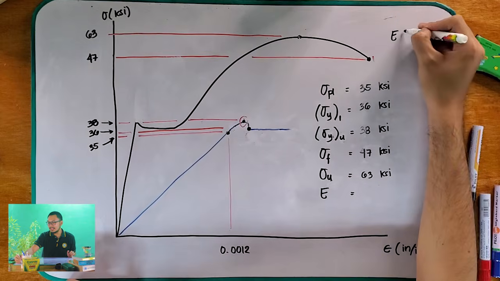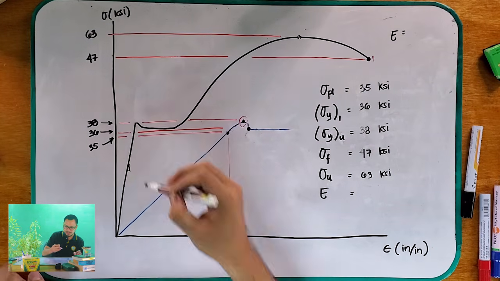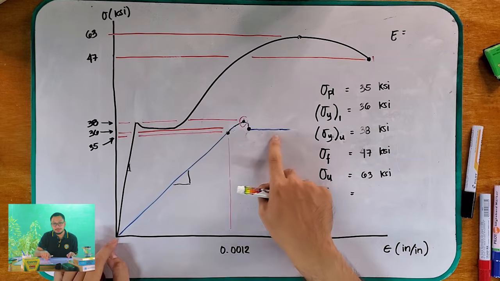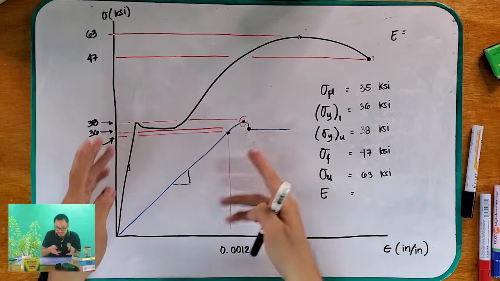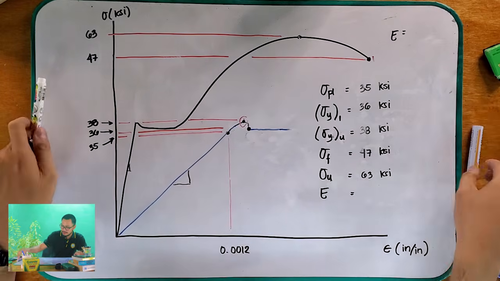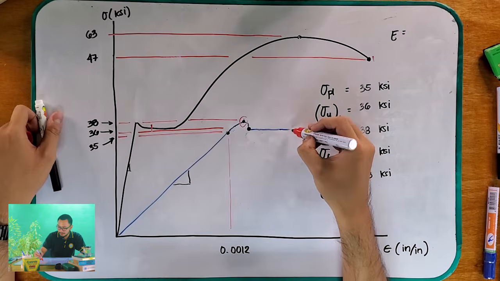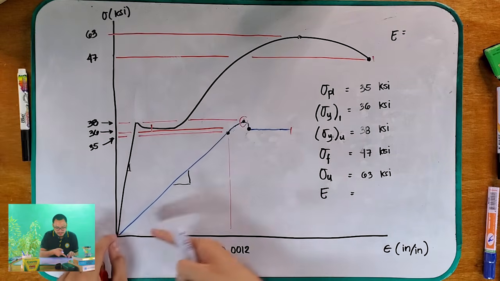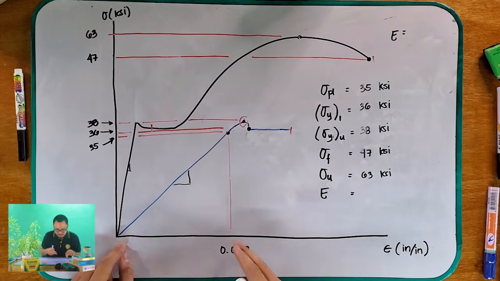As you can remember, the modulus of elasticity is the slope of your proportional line. So the modulus of elasticity is just equal to the slope of this line. Actually, this blue line, we just extended it along this portion, and that is why it became steeper. We only extended it so that the values are clearer.